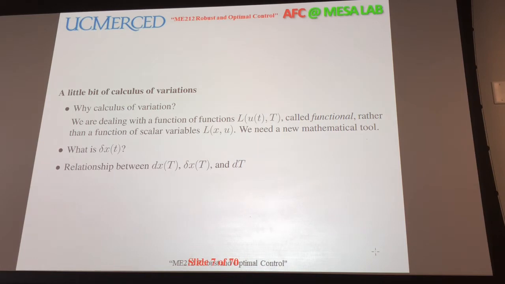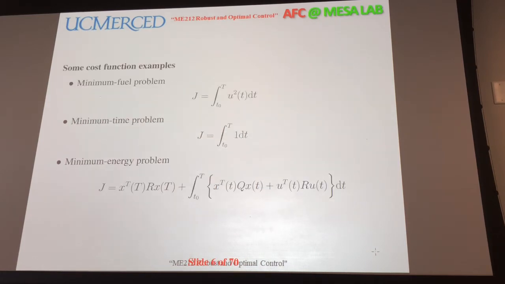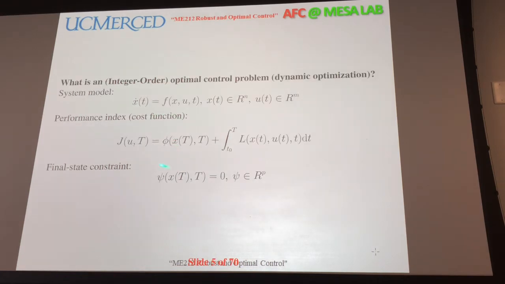So to solve this problem, as I told you, we are trying to find the minimum U of t to make this performance index minimized, okay? Remember, we put the capital T in here. So it's called terminal time.